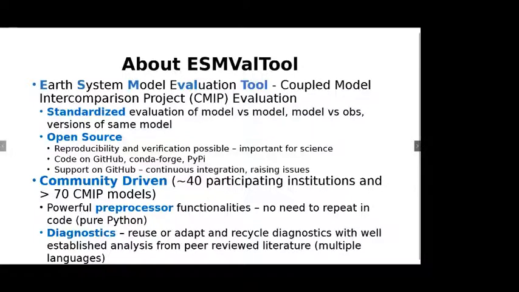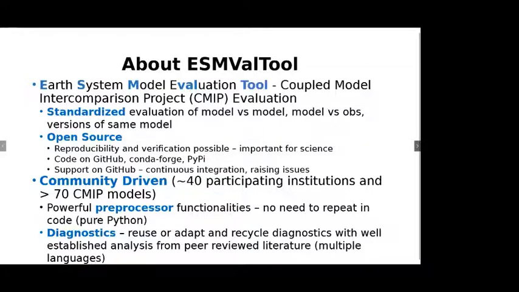This is done in the preprocessor, and it's good because it's a standardized set of modules that can be called and used at any time, lightening up the diagnostic itself. So the diagnostic can concentrate on the science rather than be concerned with a whole bunch of standardized analysis.